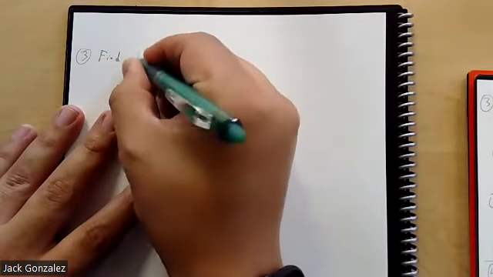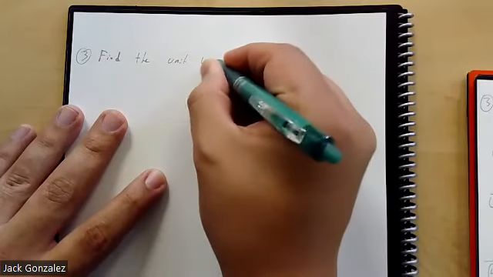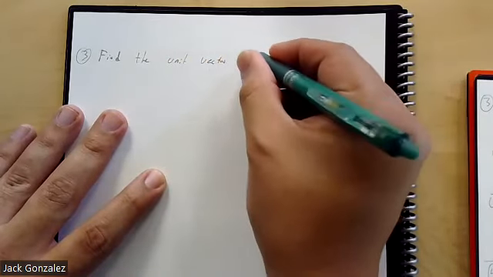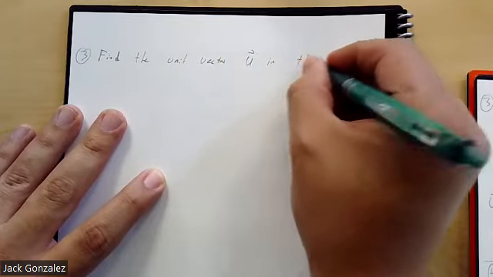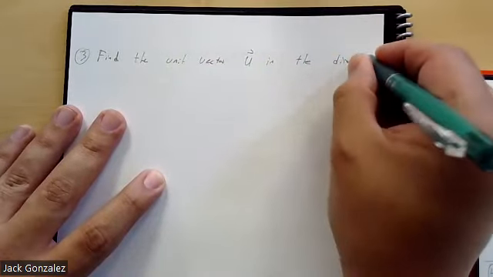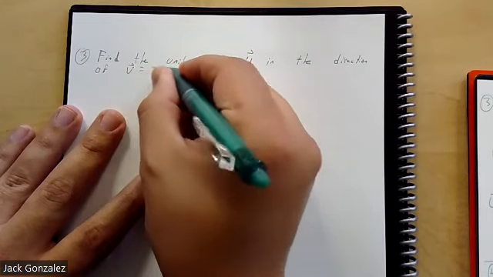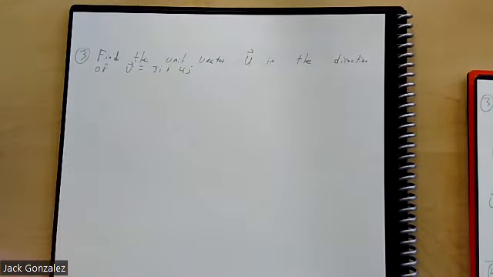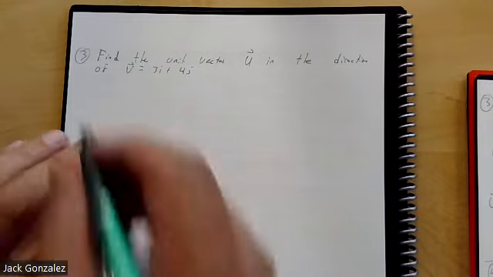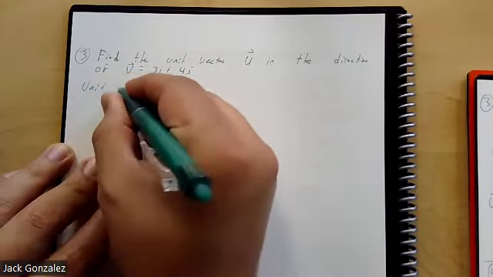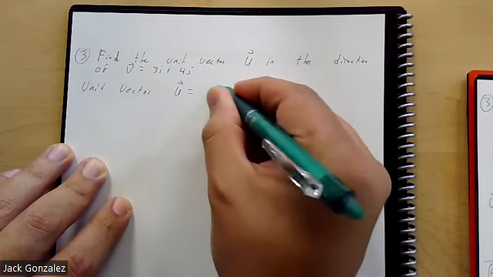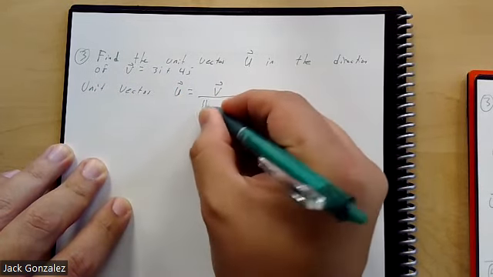So number 3, find the unit vector u in the direction of v, which is equal to 3i plus 4j. All right, so all you need to do is use the unit vector formula and you're done. So unit vector, which we'll call u in this case, is equal to the original vector divided by its own magnitude.